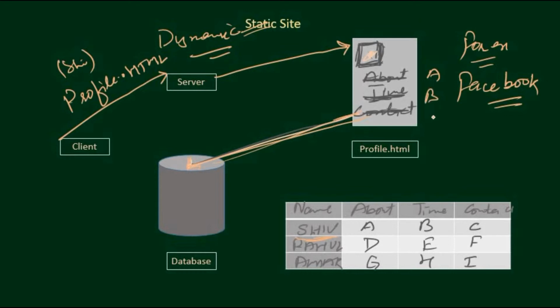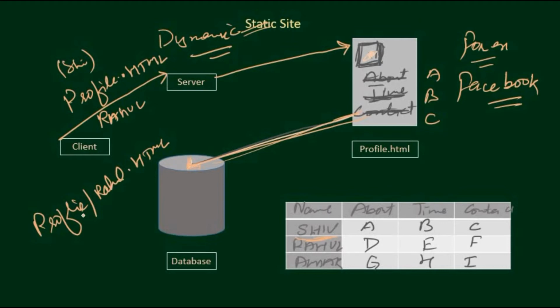Now, in case the profile.html is going to be for Rahul, and it will be like profile/rahul.html, the server will understand that the client is asking for a profile.html for ID Rahul.